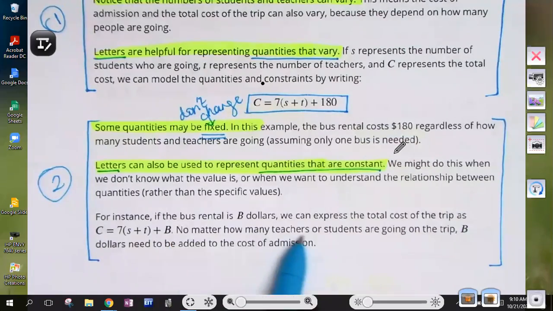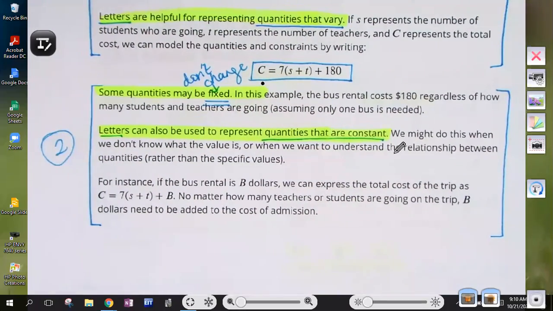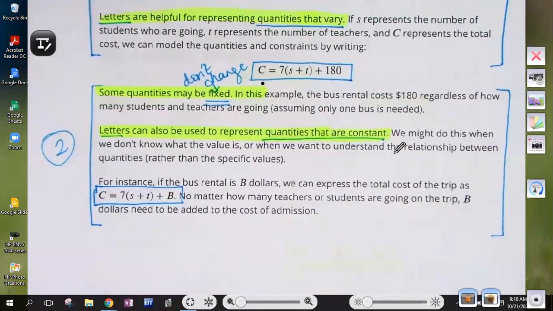No matter how many teachers or students are going on the trip, B dollars needs to be added to the cost of admissions. So there's that new formula, because depending on the bus rental place, that could also change. Or if you needed more than one bus, that could change.